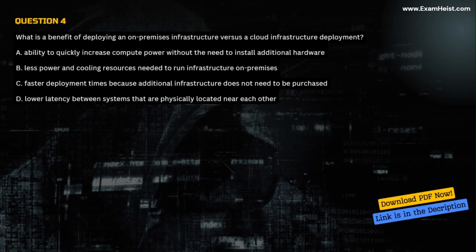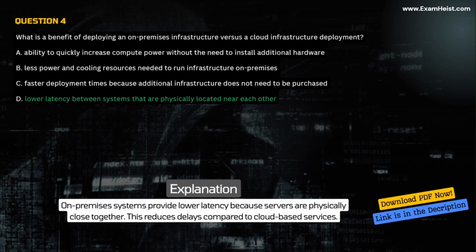D. Lower latency between systems that are physically located near each other. Correct answer D. Lower latency between systems that are physically located near each other. Explanation. On-premises systems provide lower latency because servers are physically close together. This reduces delays compared to cloud-based services.